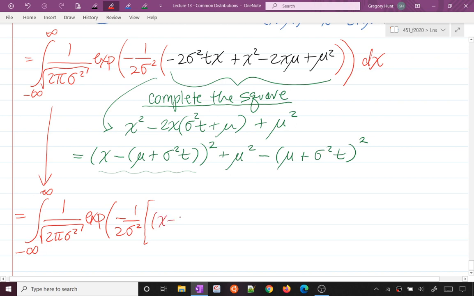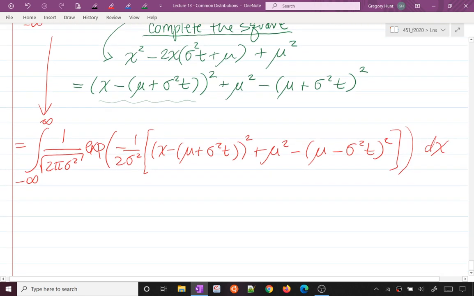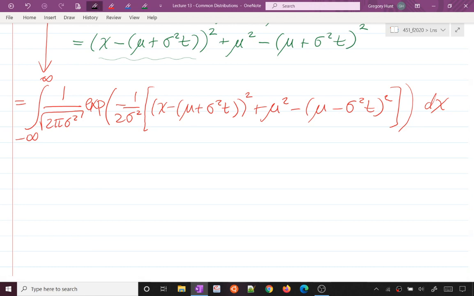Let's write it like this: x minus mu plus sigma squared t, that whole thing squared, plus mu squared, and then there's this minus mu plus sigma squared t squared. Okay. And so that's just an algebra trick. It's an algebra trick with a certain goal.